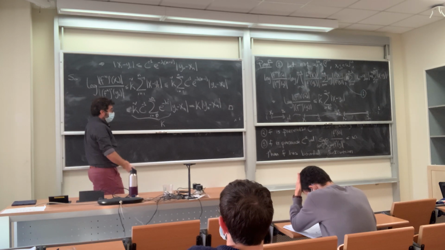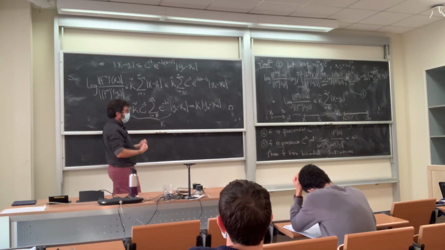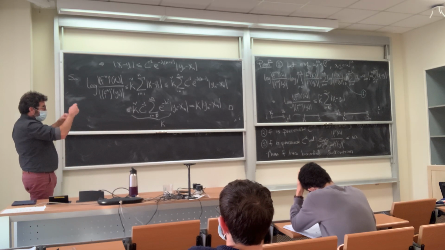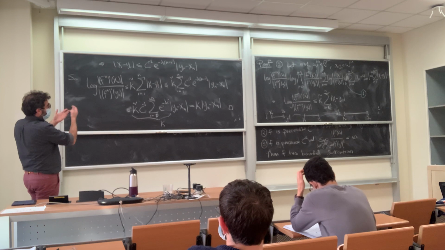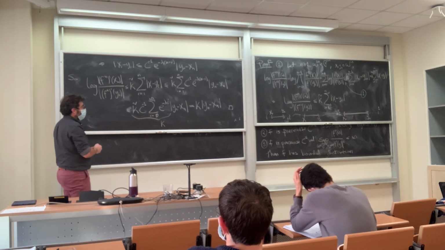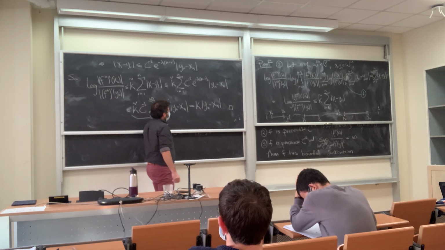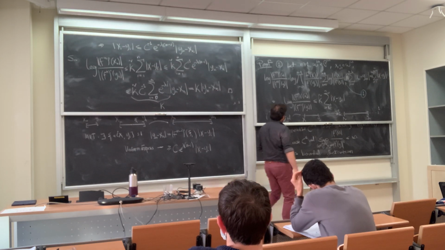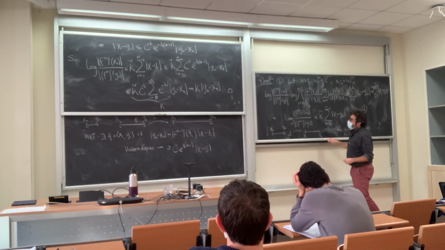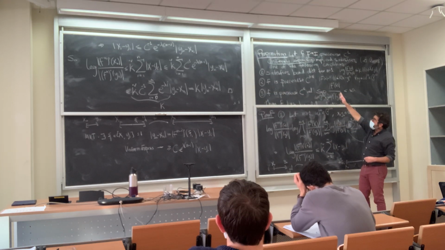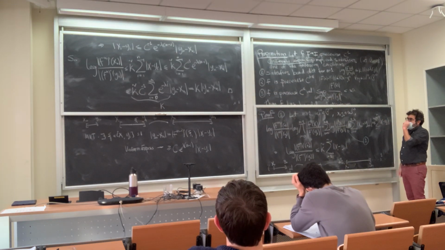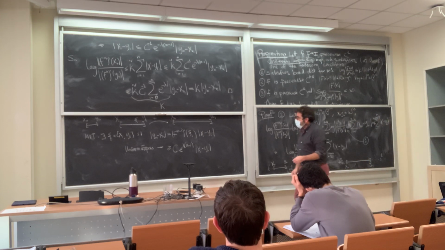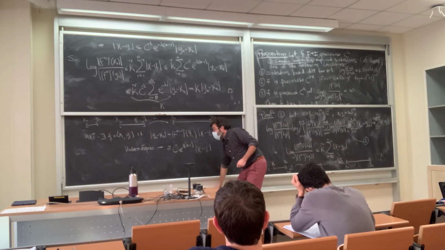I'll be honest, I don't have an explicit heuristic answer for why the situation I described does not happen, except for this calculation that shows that it cannot happen. Okay, so this is the first one. The others will essentially reduce in some of the steps to this one.